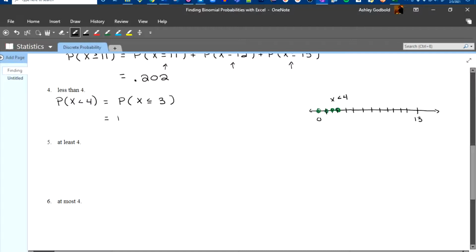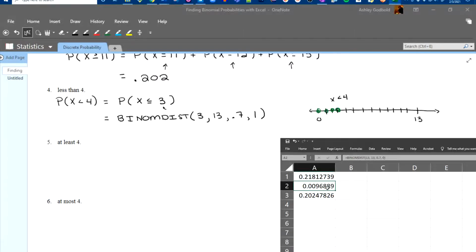So to calculate this, all we need to do is the binom dist. The first number is our little x, so in this case it's 3, not 4. That's why we went through this whole thing of rewriting it. Then our number of trials, our probability of a success, and this time, yes, we do want it to be cumulative. Let's view this in Excel.